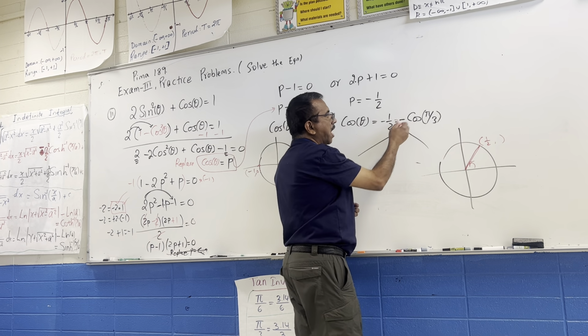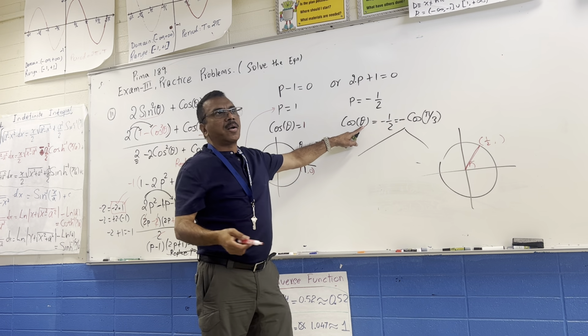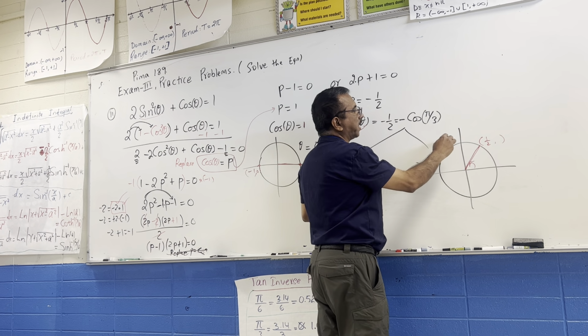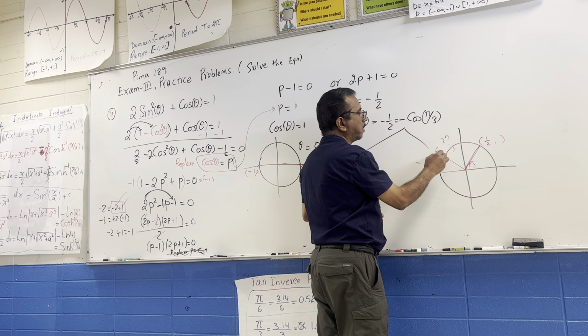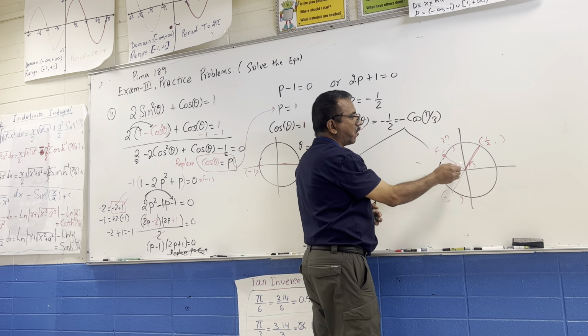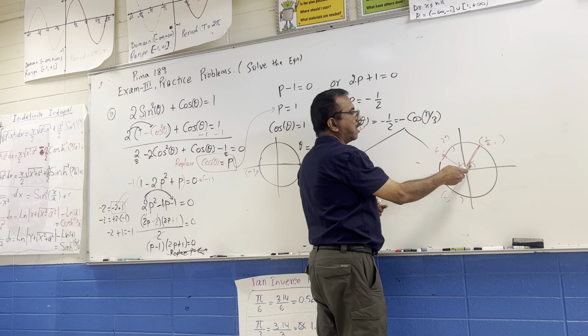But because there's a minus, which quadrant is cosine negative? Is it the second quadrant or the third quadrant? In the second quadrant, cosine is negative, and also in the third. So we need one of the angles in the second quadrant.